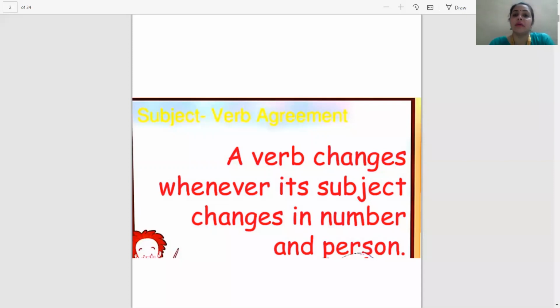Whenever we have a subject without s, it is termed a singular subject. So number means singular or more than one. And person is, of course, like we have studied, first person, second person, third person.